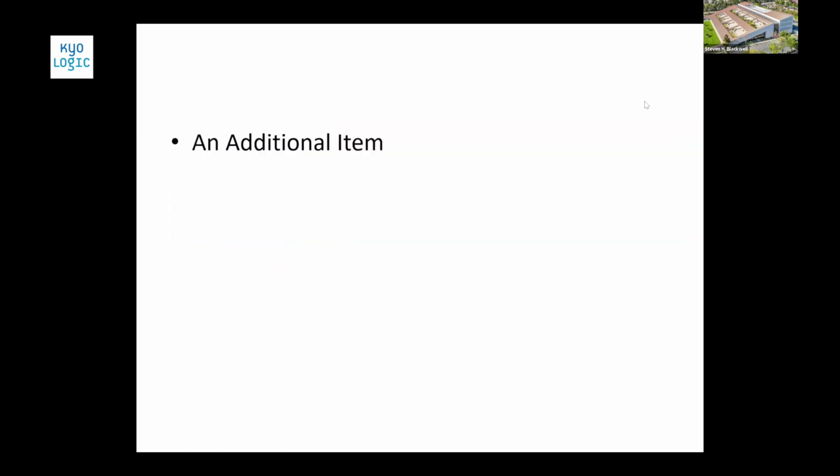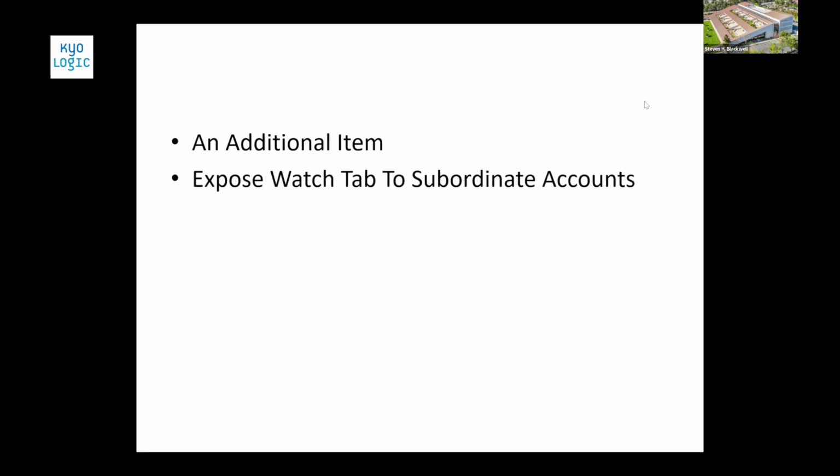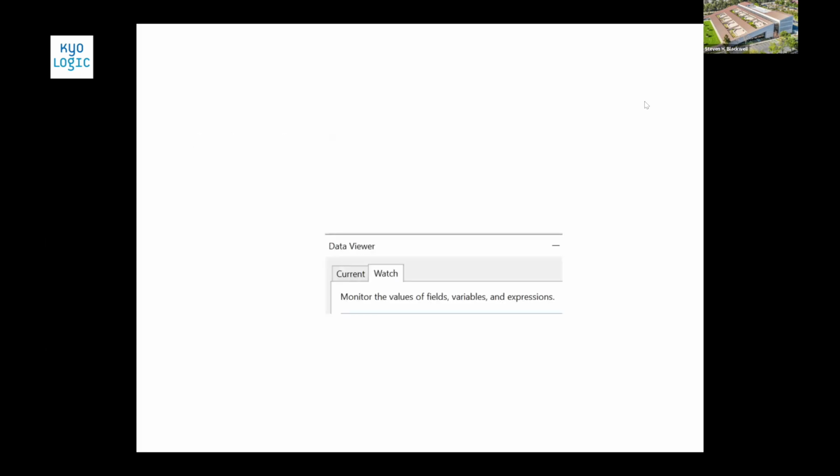Now there was an additional item that was also addressed, and that was that using some of these same triggers, which are fully explained and illustrated in the white paper, you could expose the watch tab to subordinate level accounts.